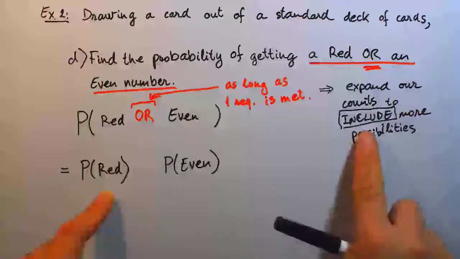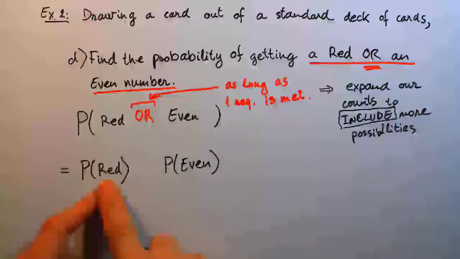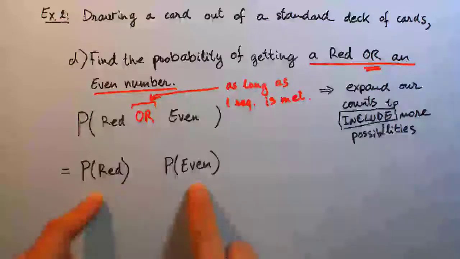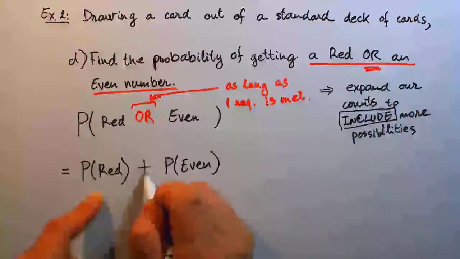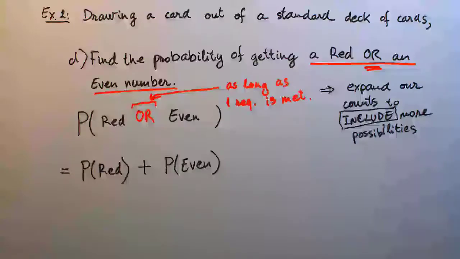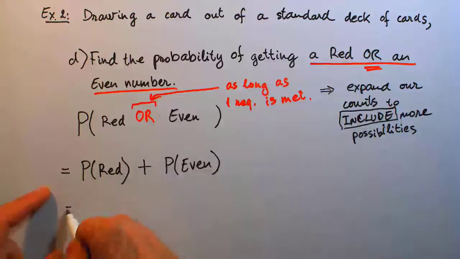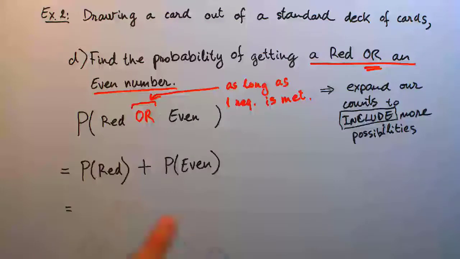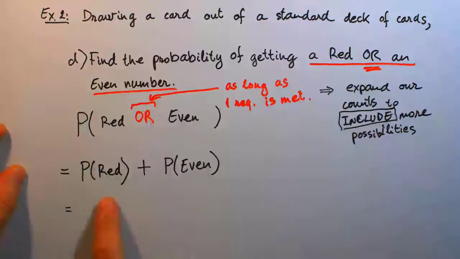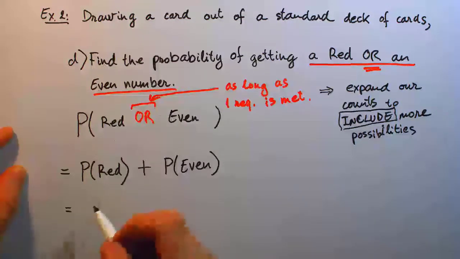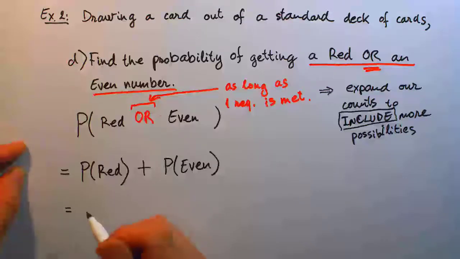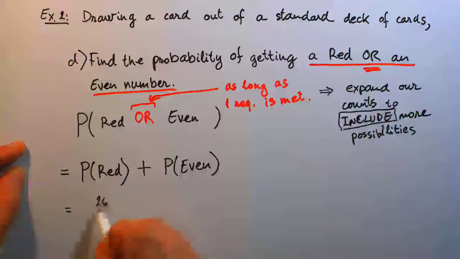Include means include more possibilities, because being red is one possibility, being even is another possibility. Add them, and that's what including more means. But when we simply do things like this, adding two separate probabilities, well, let's grow the math side by side with this. The probability of being red, simply through the cards, we're looking at 26 red out of 52.